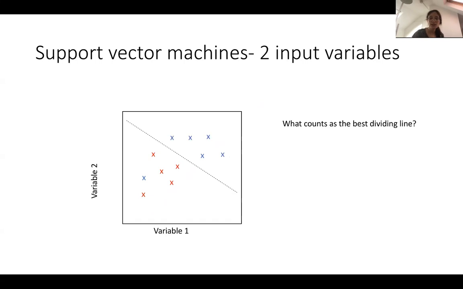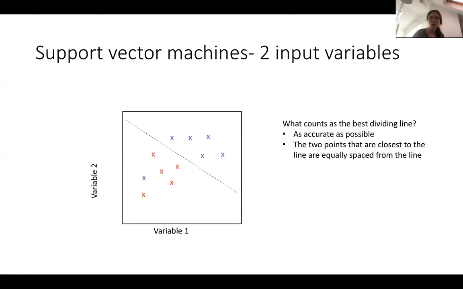But what counts is the best dividing line. We want our model to be as accurate as possible. That means that this line would be bad because it would unnecessarily include this red X in the same category as these blue X's. So it would be less accurate.